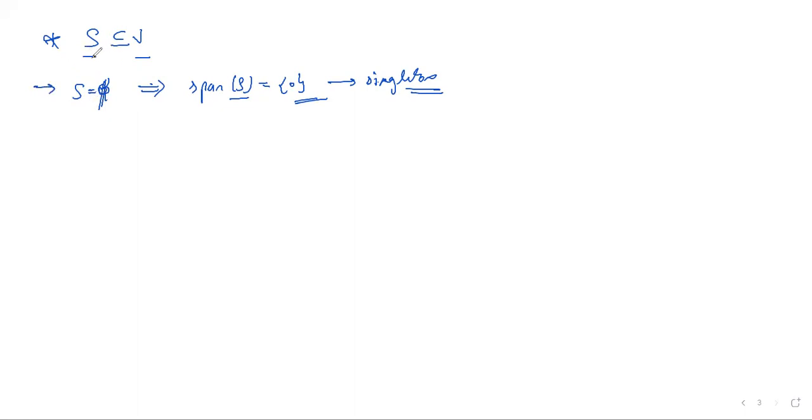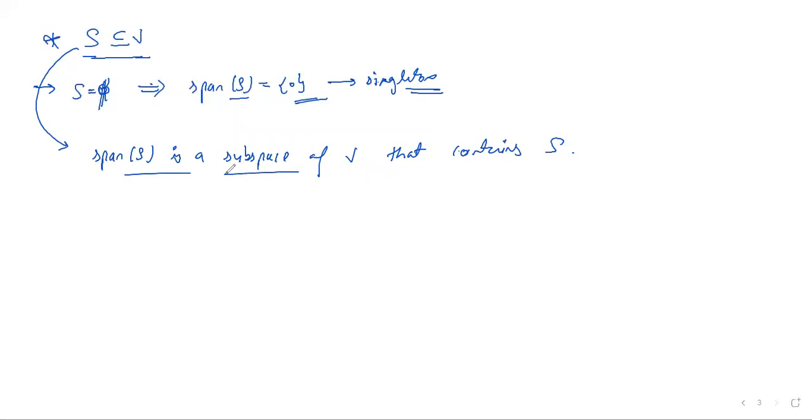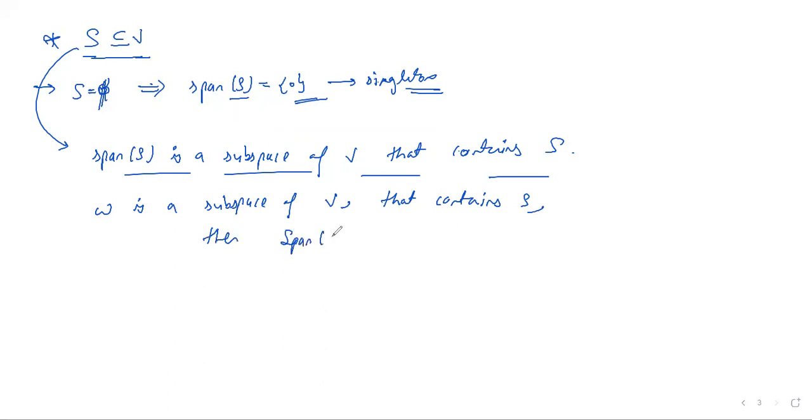Now I am saying that S is a subset of V, and I have proved previously that the span of S is a subspace of V that contains S. And if W is another subspace of V that is also containing S, then the span of S is a subset of W. What did I mean by this?